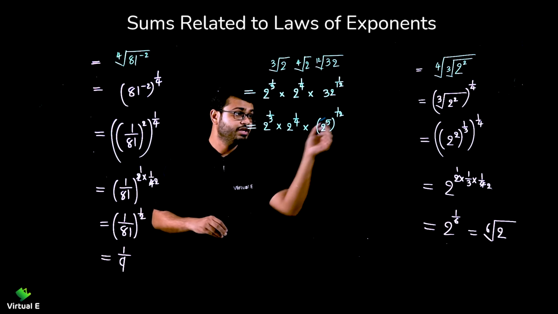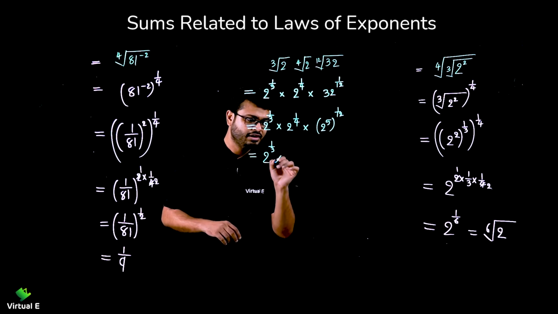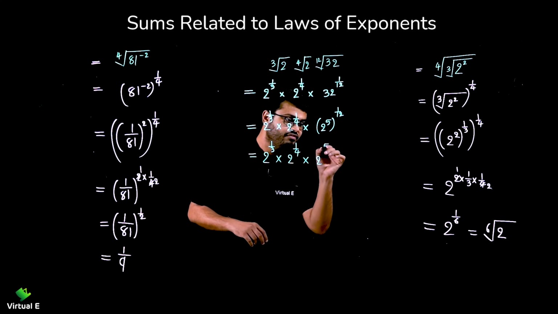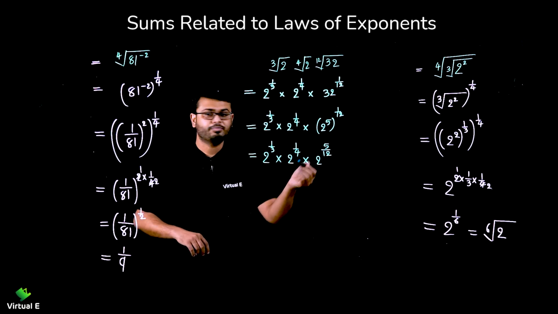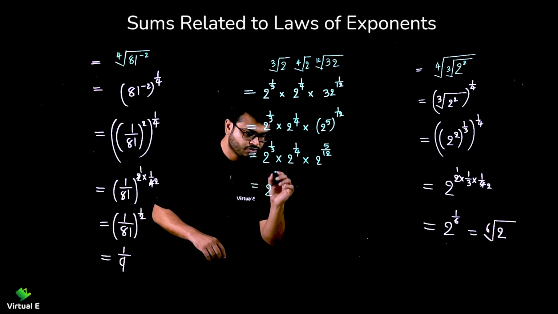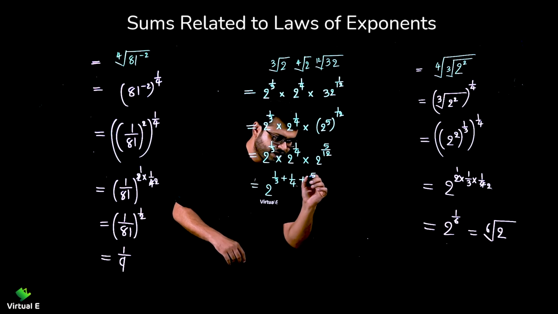Remember, if we multiply the powers, now 2 raised to 1 by 3 multiplied by 2 raised to 1 by 4 into 2 raised to 5 by 12, right? Simple. Now as they are in a product, we are going to add their powers. So let's add their powers. 2 raised to 1 by 3 plus 1 by 4 plus 5 by 12. Here the LCM is what? 12.